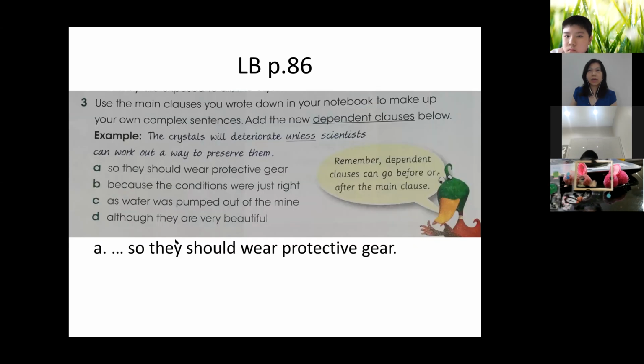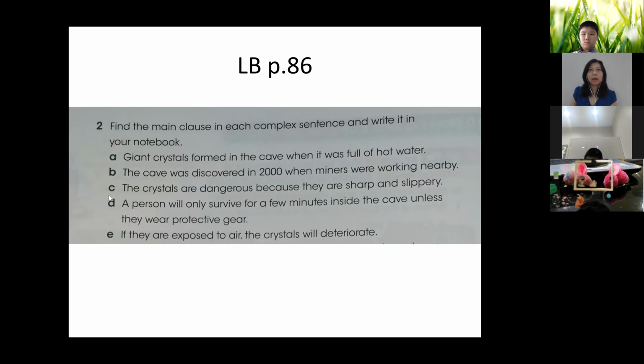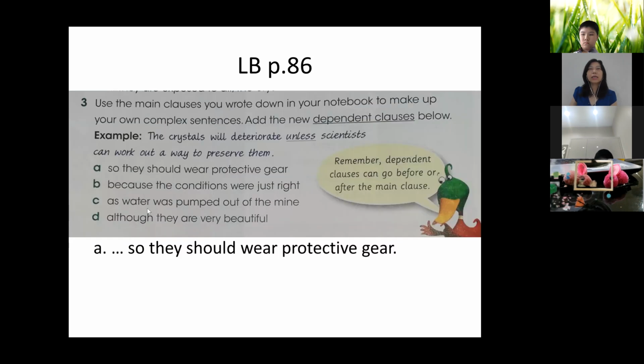And then, so they should wear protective gear. Does it make sense for you? I would choose D: a person will only survive for a few minutes inside the cave. I match it with A, so they should wear protective gear. Now, please write them in full sentences. Go ahead. Combine them together just like the example.